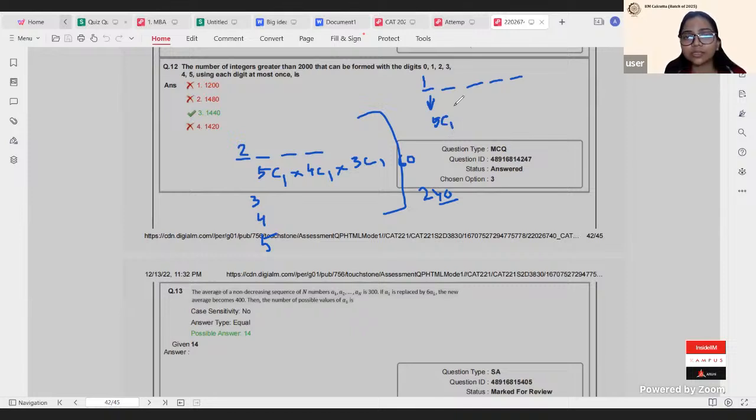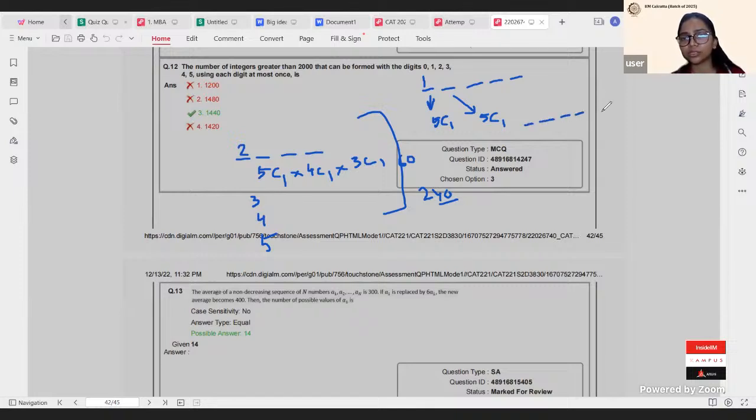But in this case, for the next number, it should be 5C1 again. Why 5C1 again? Because here, from the second digit onwards, we can incorporate 0 also, which we haven't taken into consideration previously. So 0 can start from the second digit. It cannot occupy the first digit because in that case, it would essentially be a 4-digit number. So the same thing we can again do for a 5.